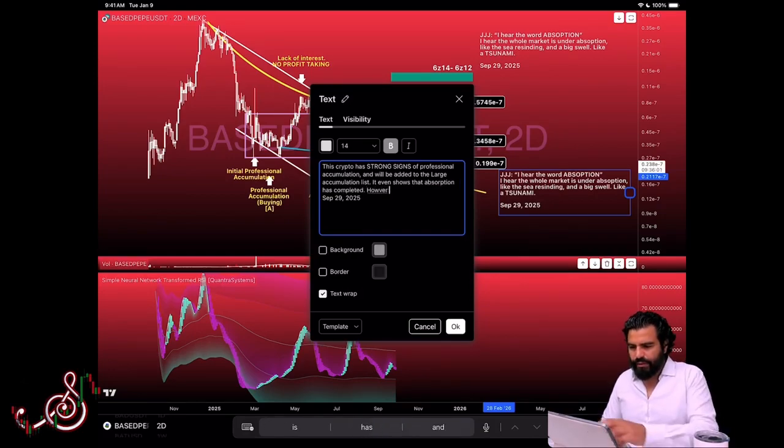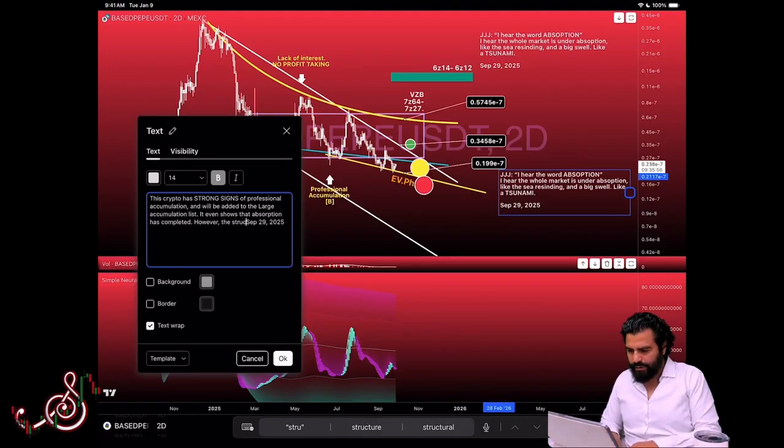However, the structure is not ready, in my opinion. I am expecting a breakout above 0.0000734 with dynamic negative to feel comfortable for an entry.